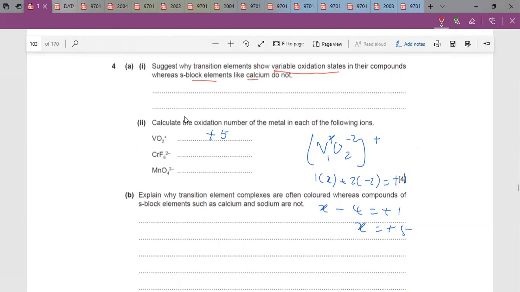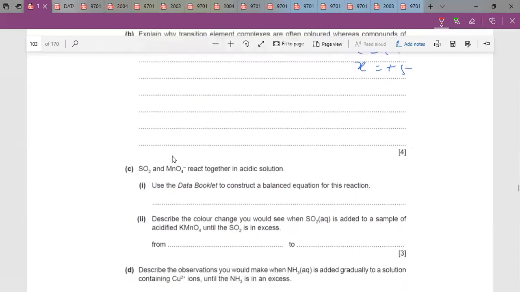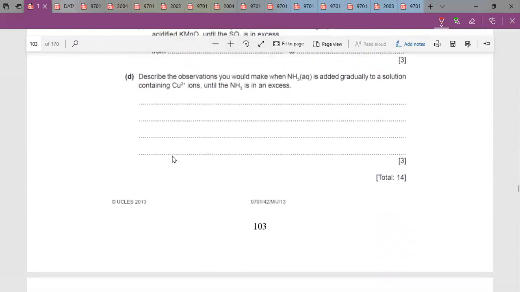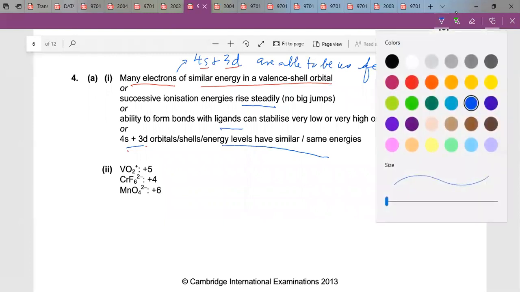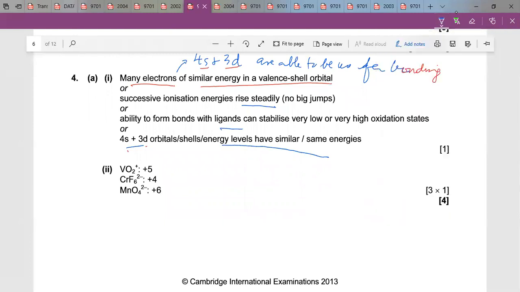Now let's see why. Let's see what year this is. 13, I think it's here. For your transition elements, many electrons of similar energy, about the same, from the 4s and 3d in a valence shell orbital, can be lost, and are available for bonding.